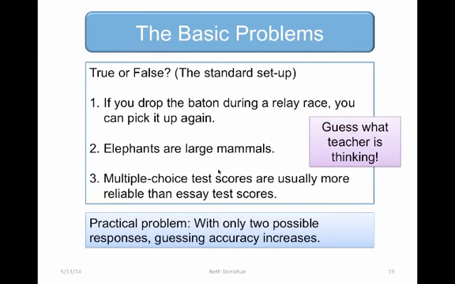But even worse, there are a whole lot of assumptions underlying this statement, so that it's really impossible to say it's true or false. It depends on how many questions are in the tests, how well written the questions are, whether they have been field tested. Just saying across the board that multiple choice test scores are more reliable is building a lot of assumptions into that true-false question that are not explicit.